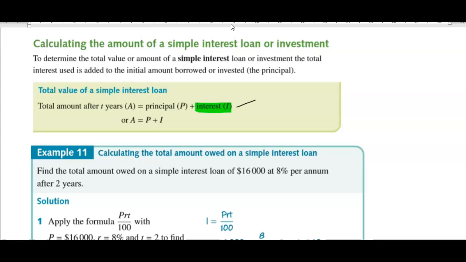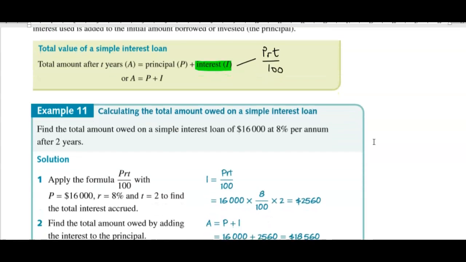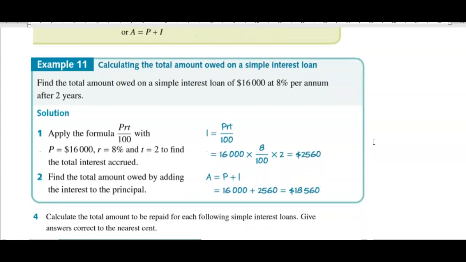So your interest is calculated by PRT over 100. And I've put it in an example here for you. So you can see in step 1, they've calculated the interest first and then applied it to the formula.